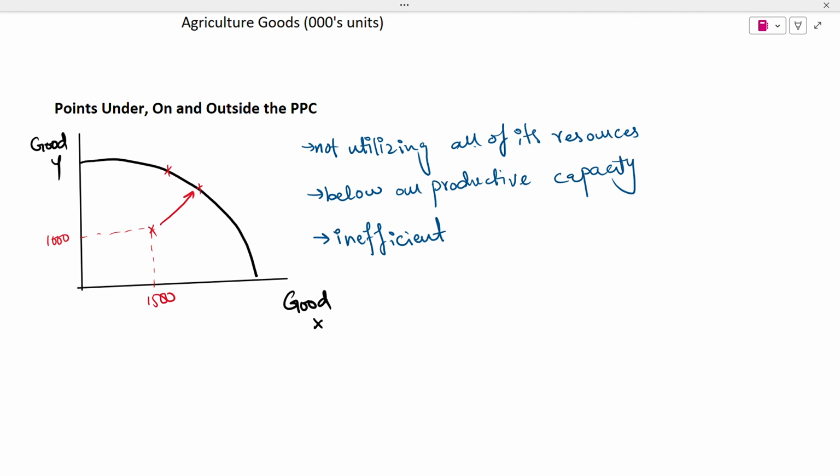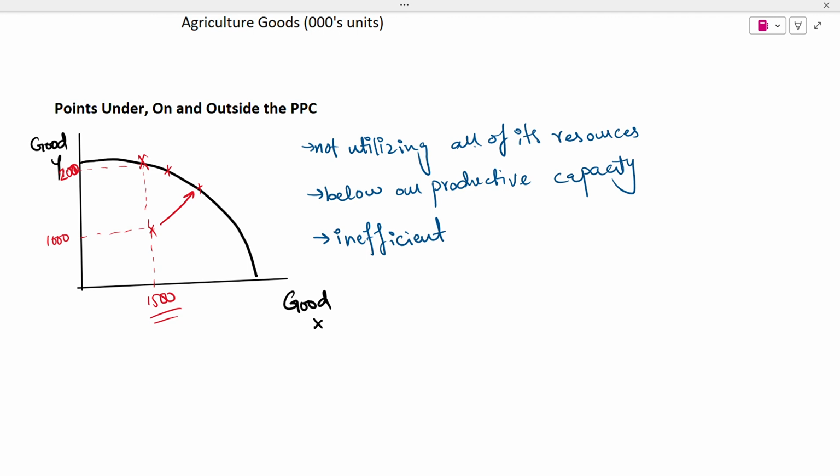At this point, the opportunity cost does not exist, because let's suppose that I want to increase the production of good Y, I can simply produce at this point, and I can increase the production of good Y to, let's suppose, 2000 units, and I would not have to give up any of good X, because since I have resources available, I can just utilize those resources to produce good Y. I don't have to divert resources from good X to good Y in order to produce that more.